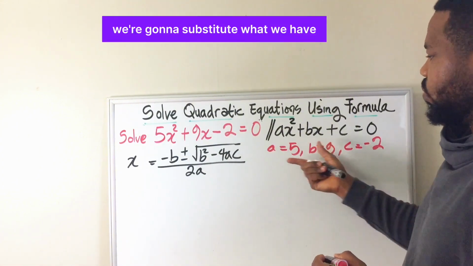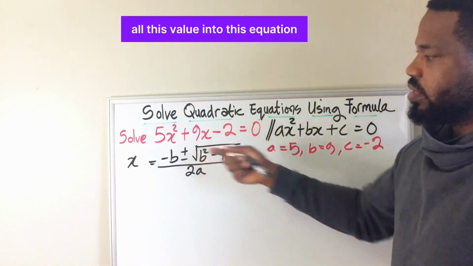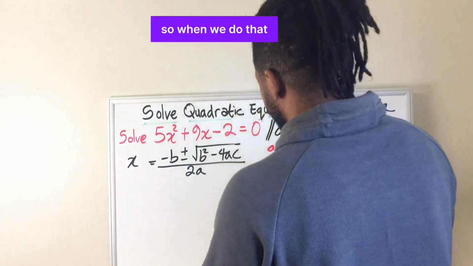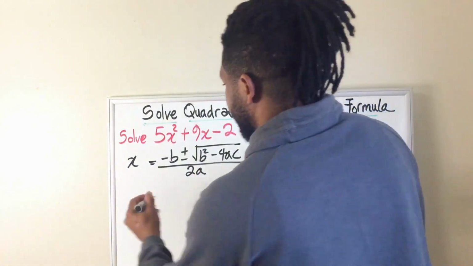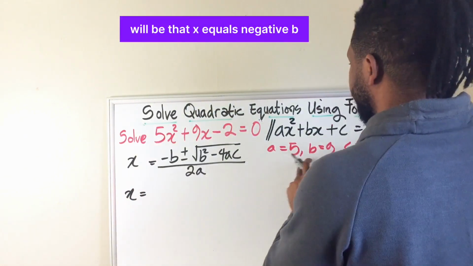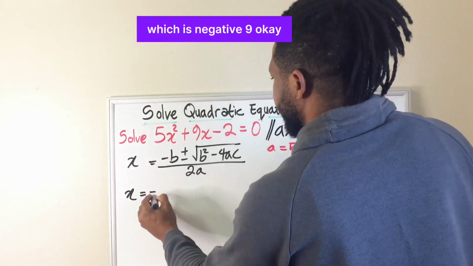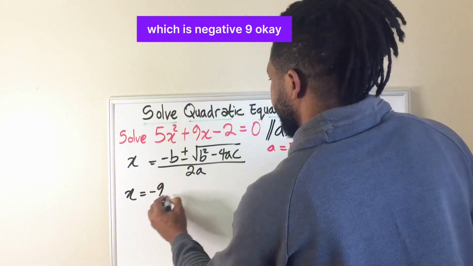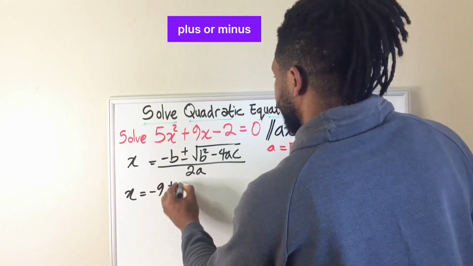We're going to substitute all these values into this equation. So when we do that, we have x equals negative b, which is negative 9, plus or minus the square root of b squared.